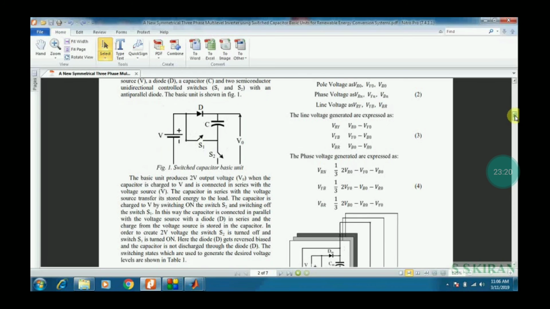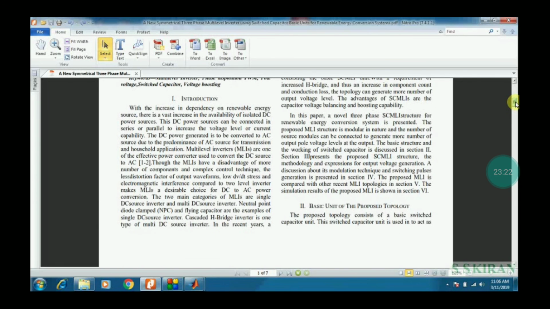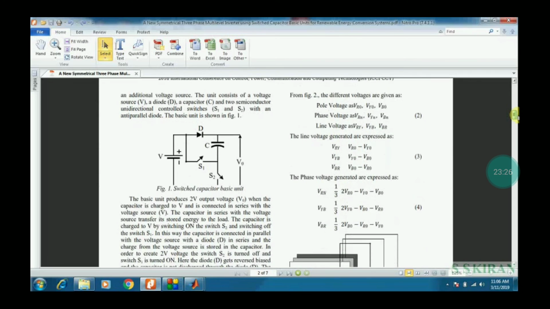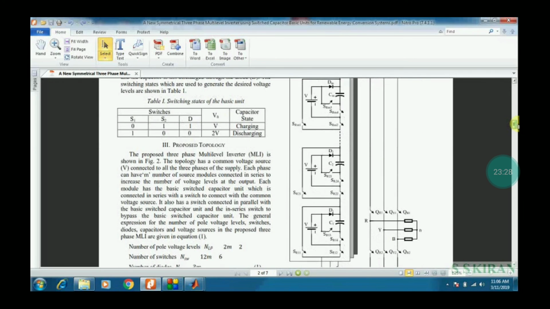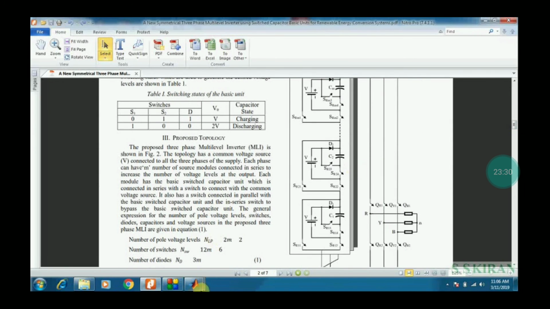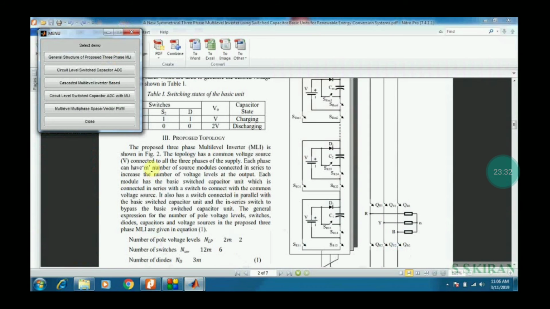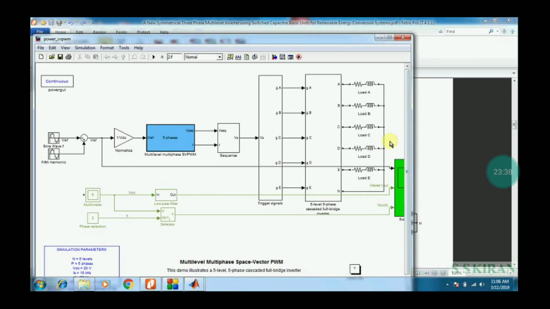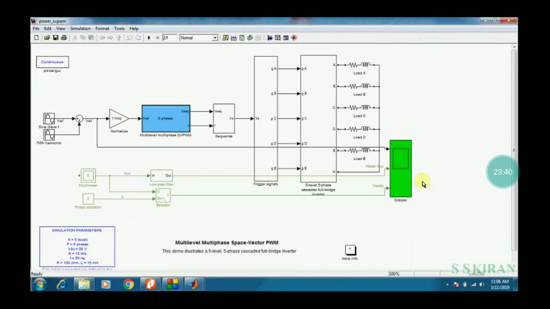Right. Come down. PWM. That is the basic unit. This is not this one. Yes, come back to signal. Just click here. Multi-level space vector PWM. Okay. Right. This is the multi-level multi-phase space vector PWM.